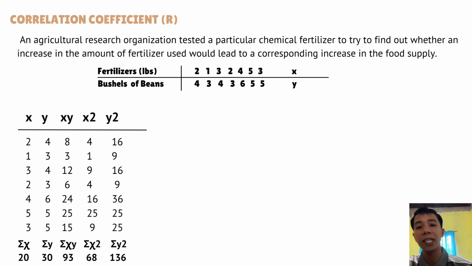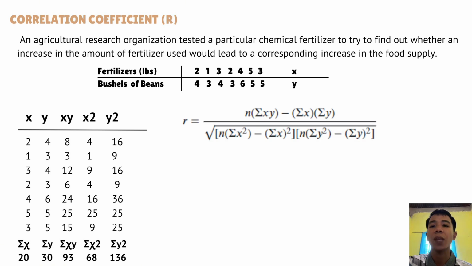And the formula for r, the correlation coefficient, r is n times the sum of x times y, and take away the sum of x times the sum of y. All of that we're going to divide by the denominator, which will be n times the sum of x squared, take away the sum of x, and when you have the sum of x, then square it.